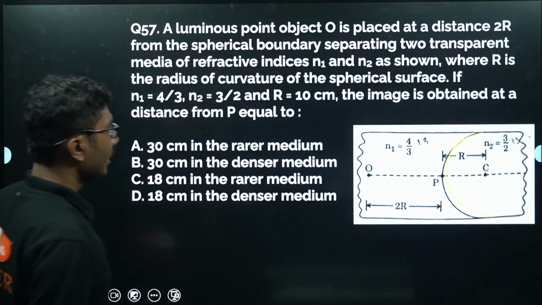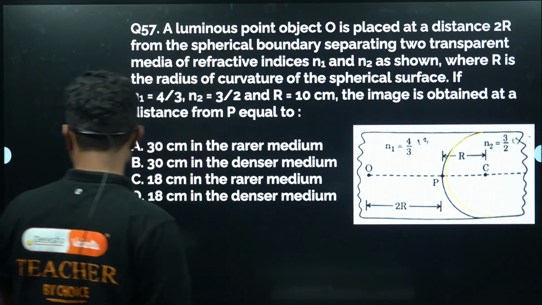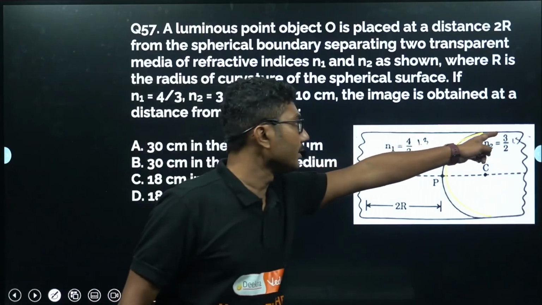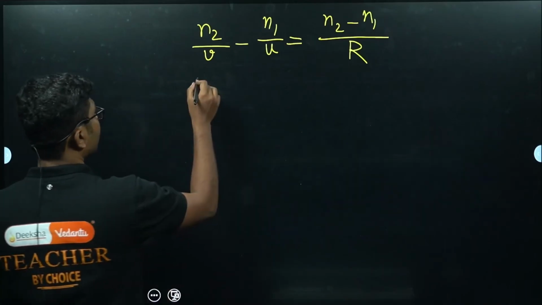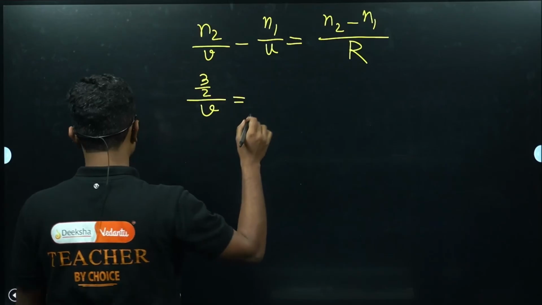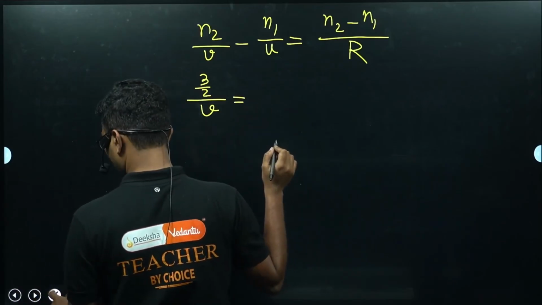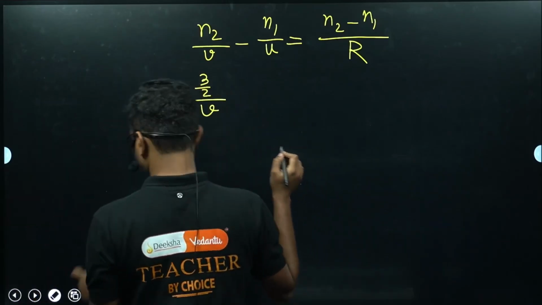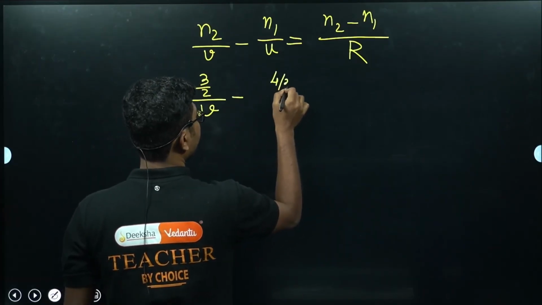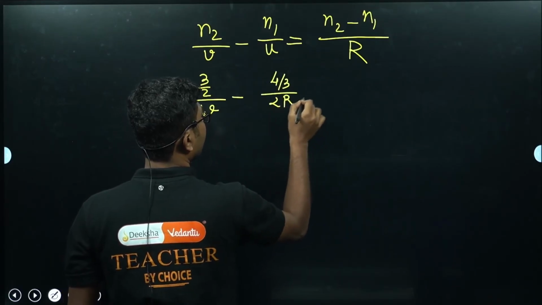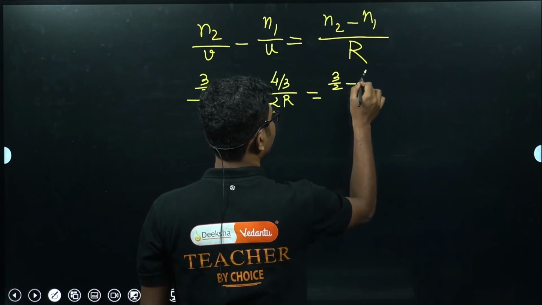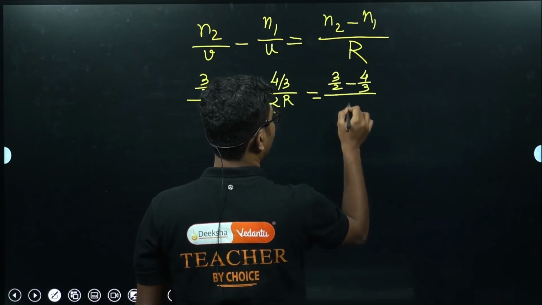U is given 2r. So n2 is given 3 by 2. So 3 by 2V minus (4 by 3) divided by (minus 2r) equals (3 by 2 minus 4 by 3) by r.